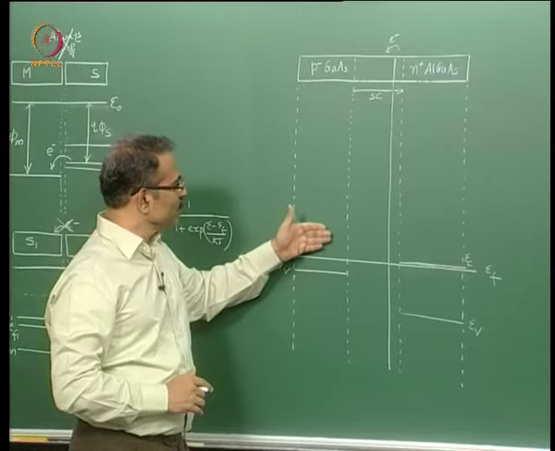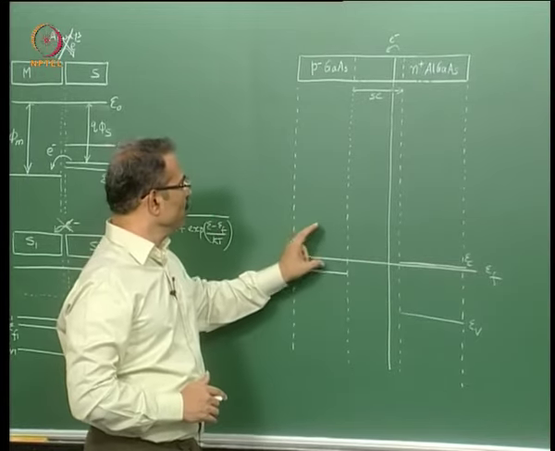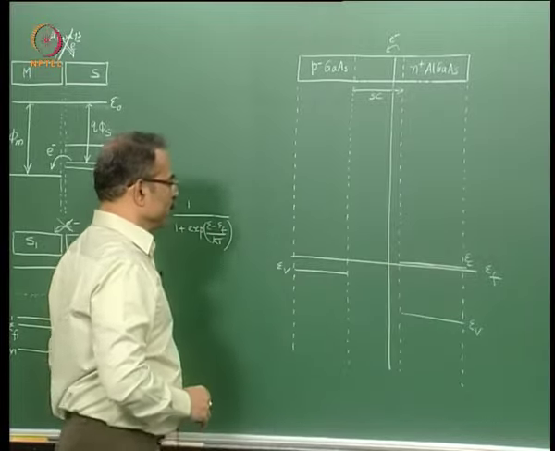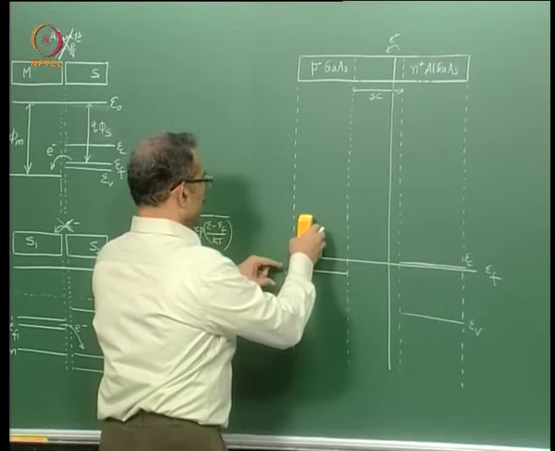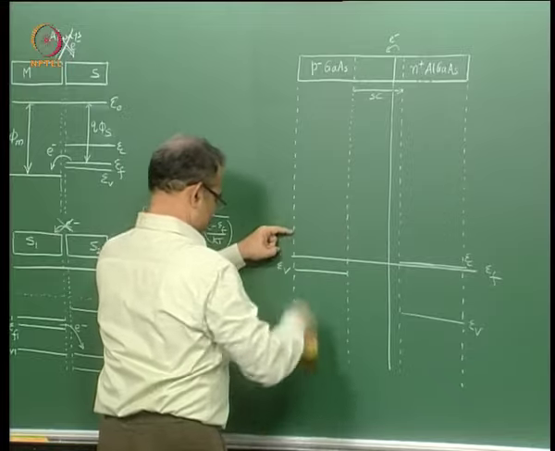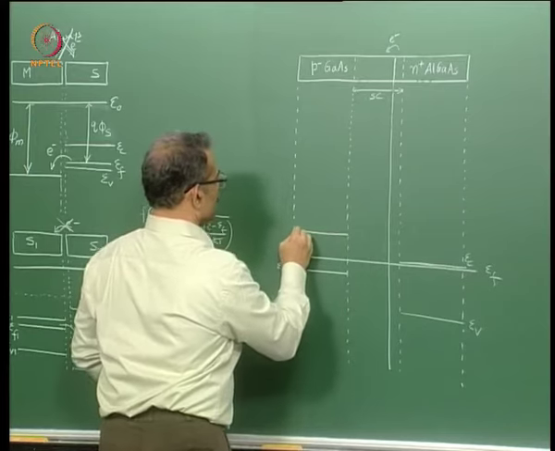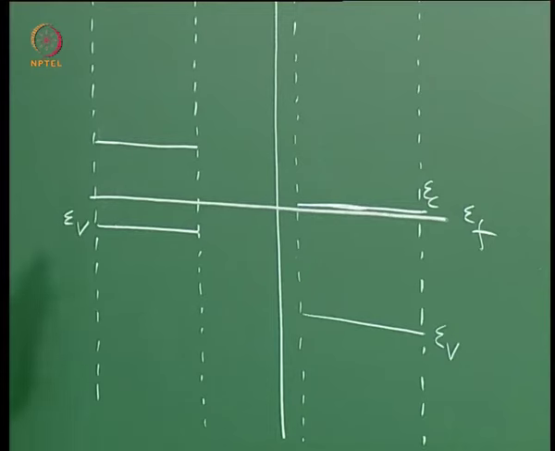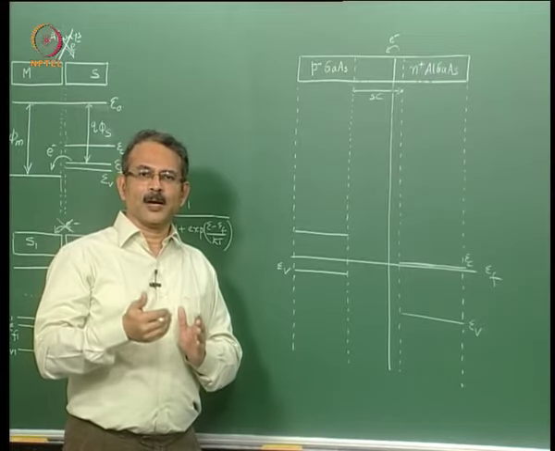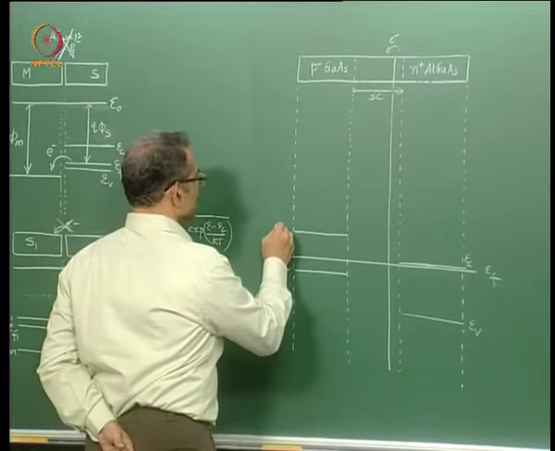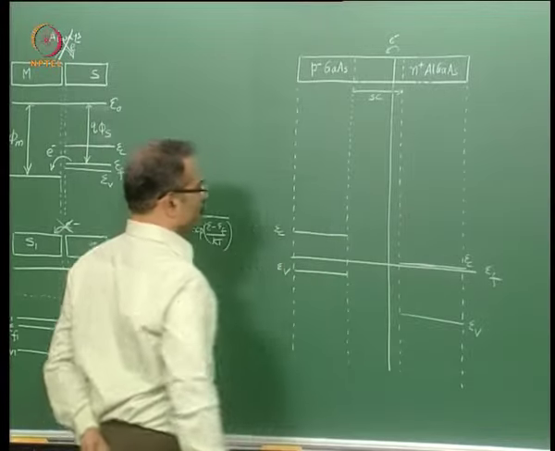So this has to be a smaller band gap than this, and we must remember that the band gaps are in the ratio of 1.4 to 1.8. So here it has to be less than this, so let us say about this much. If you do not draw the diagram to scale, then the information that you infer from the diagram may not be accurate. So this is EC. So this is 1.4 and this is 1.8.